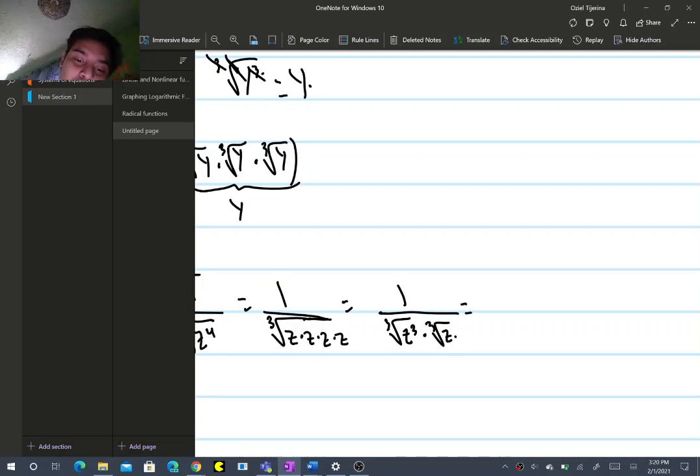And then once you do that, you just cancel these two out, and you are left with 1 over z cubed root of z.